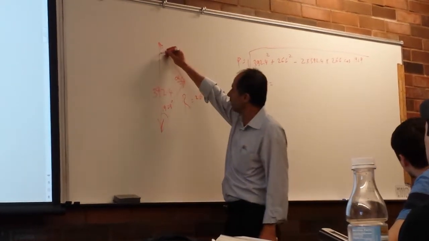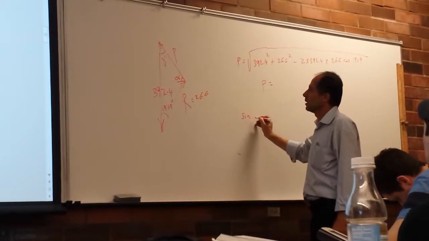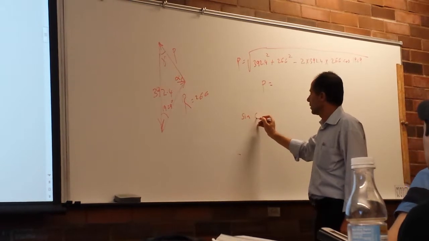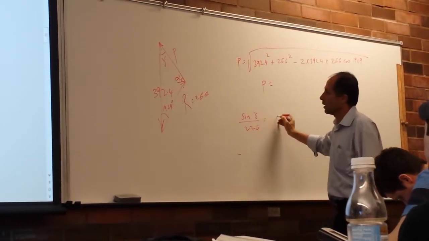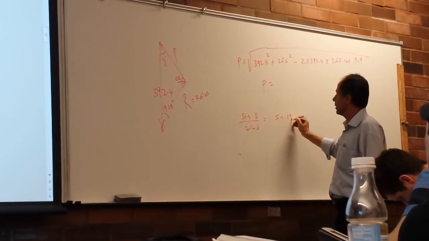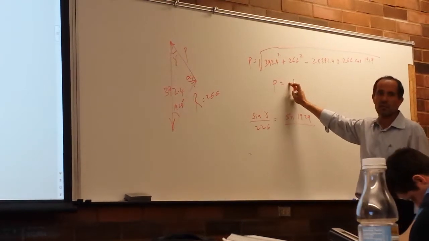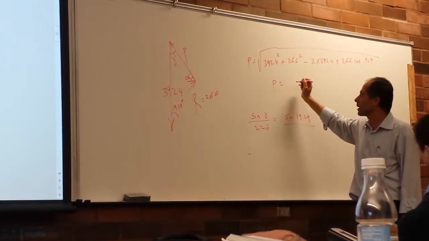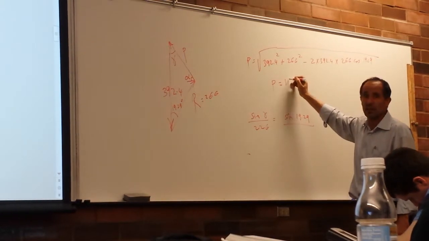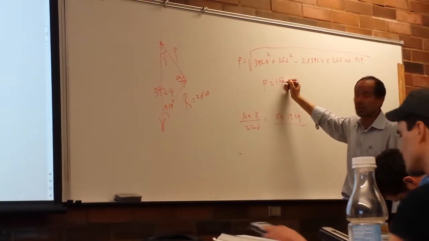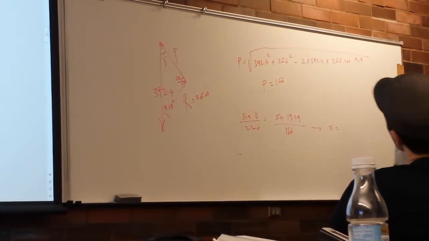I will call this angle here gamma, and I will start here: sine of gamma over sine of 90 minus alpha equals sine of 19.29. Give me a number for P, please. What did you say? No answer? 166. 166. Yes.